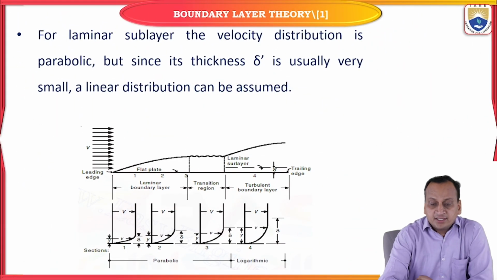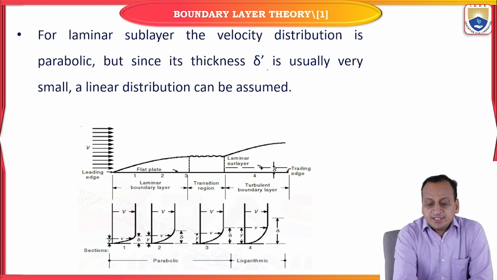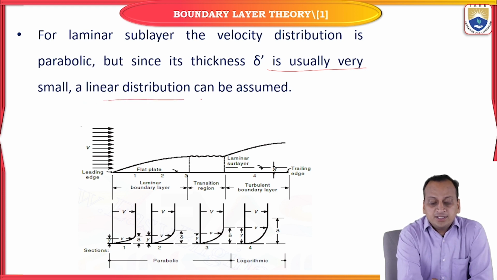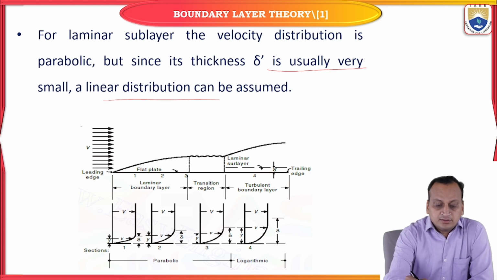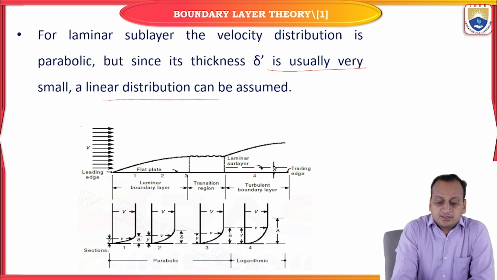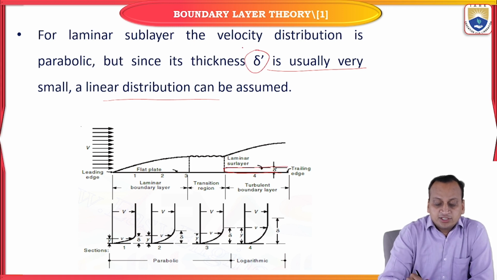For the laminar sublayer, the velocity distribution is parabolic, but since the thickness delta dash is usually very small, a linear distribution can be assumed. In the laminar sublayer also, the delta dash indicates the laminar sublayer.